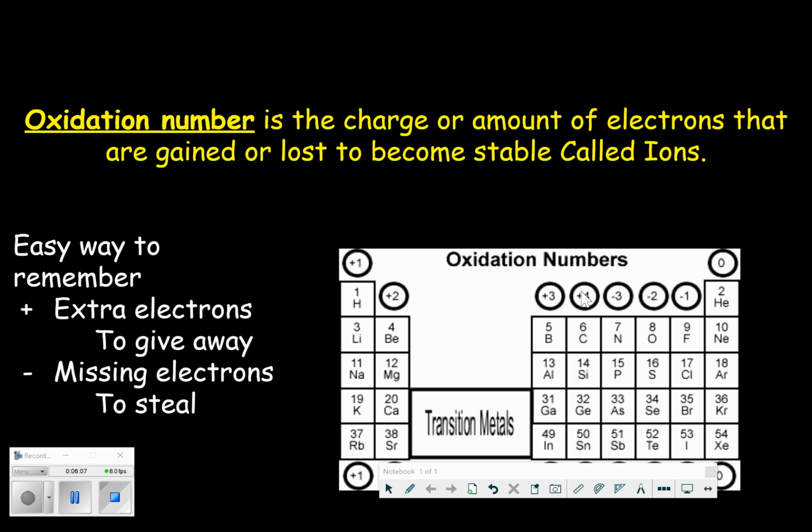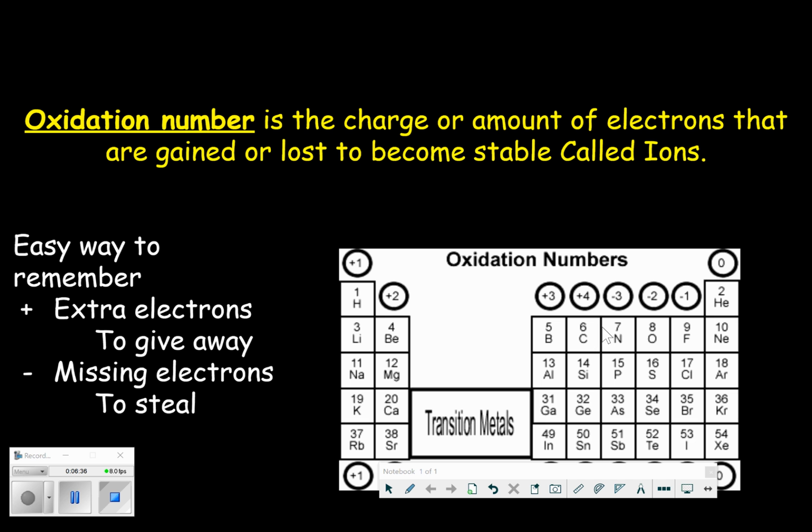What I have to remember is if I go to the left, I am going to go 3, 2, 1, and those are all going to be positive. So if I look at boron, I see carbon is a 4, so I'm going backwards 1, so that's a 3. So boron is a +3. But if I'm looking at nitrogen, I put my finger on carbon again as 4.